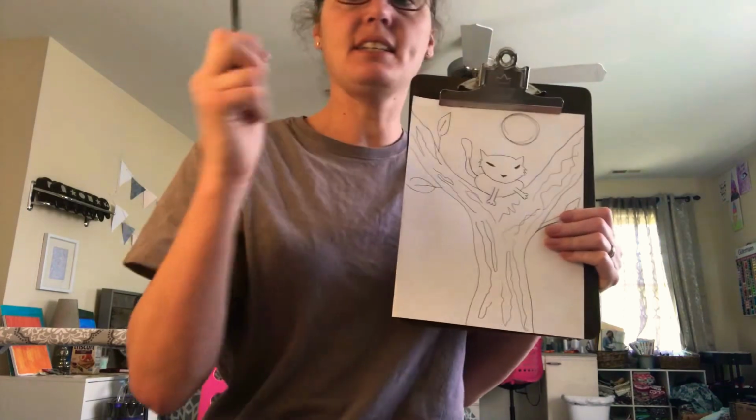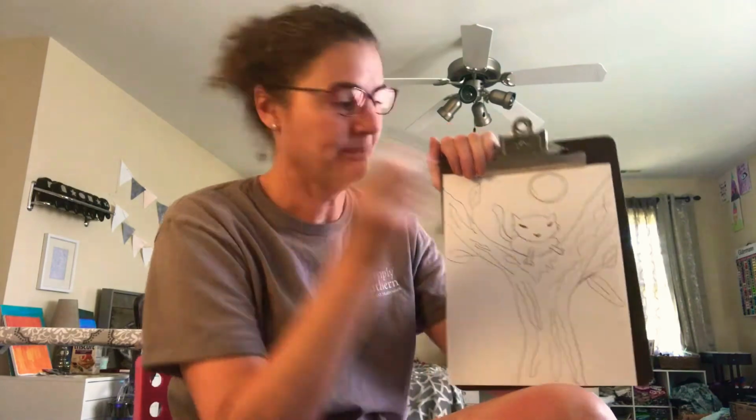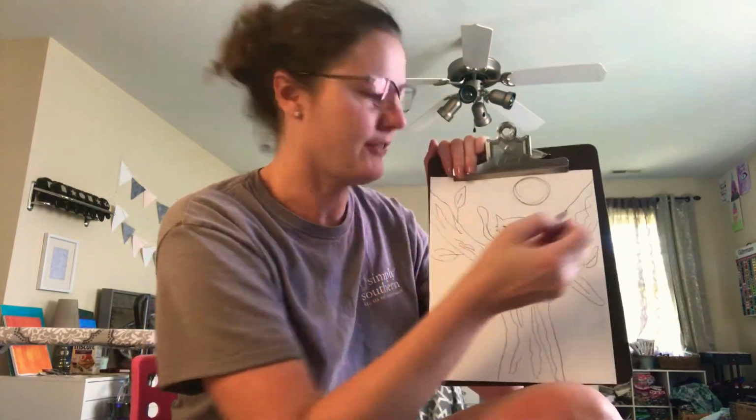Now I'm going to put my pencil back. So I'm going to use a black crayon to outline. Just follow along. I'm going to speed it up for you.